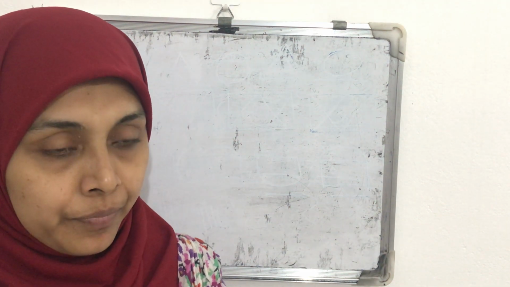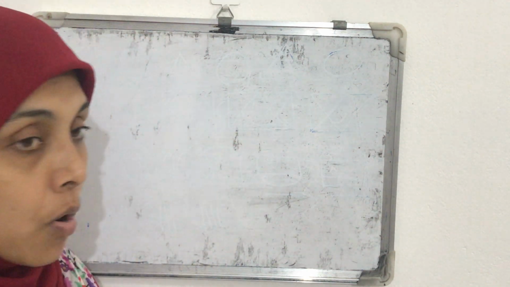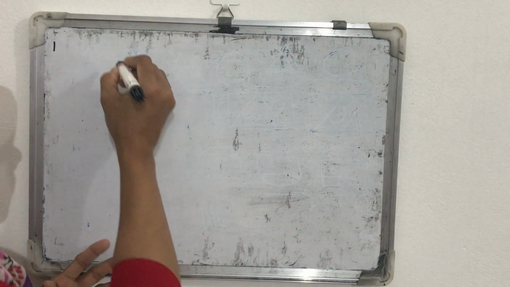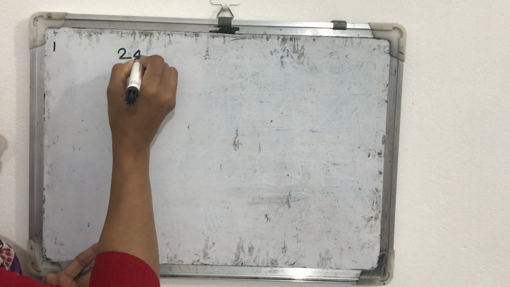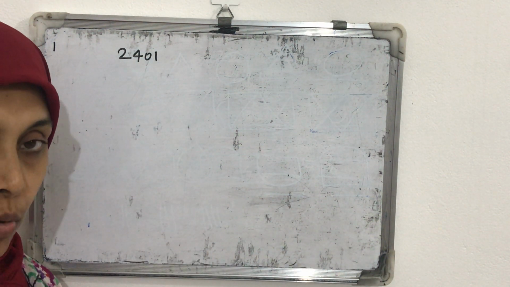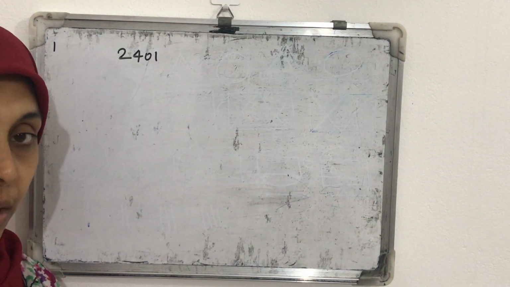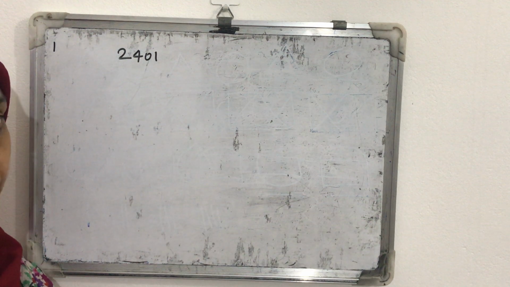That's the question. So how can we answer this question? First we know the total amount: 2401 rupees. And it is given that the amount each one donated is as many rupees as the number of students in the class.